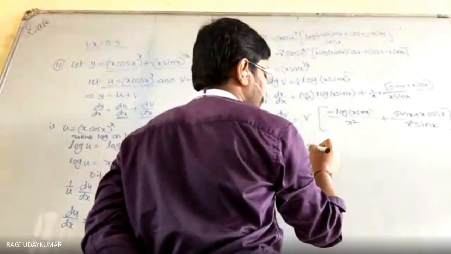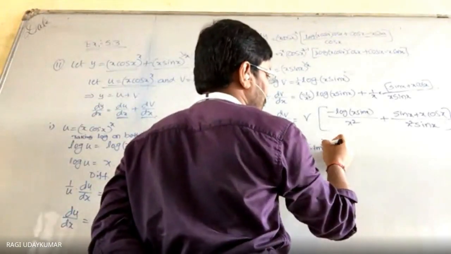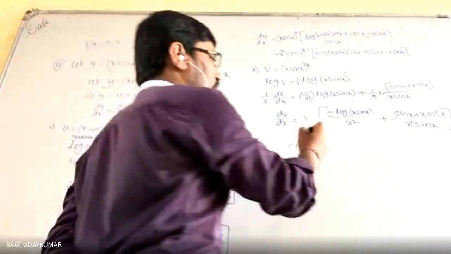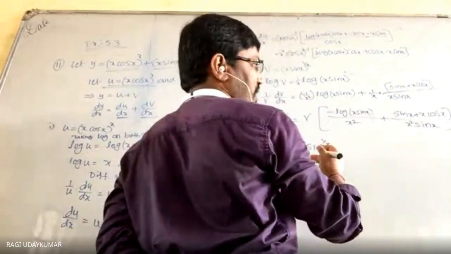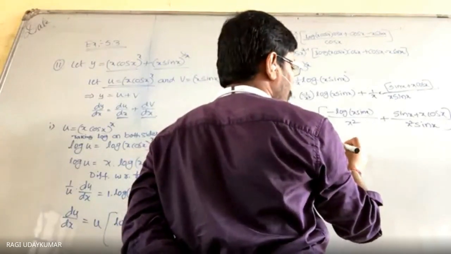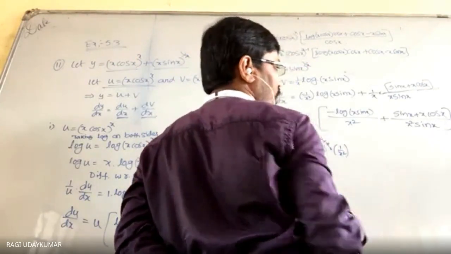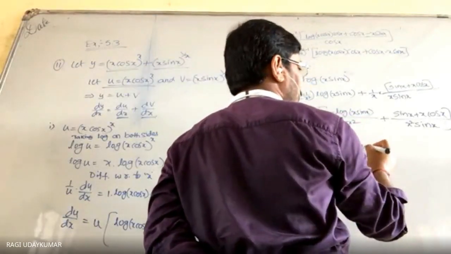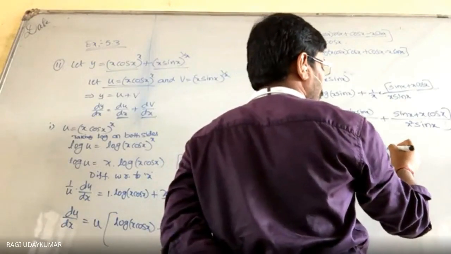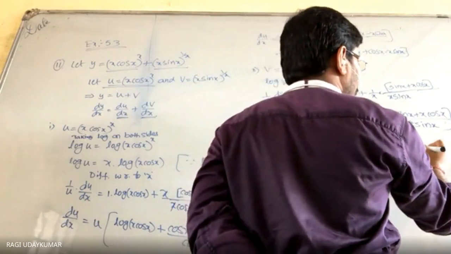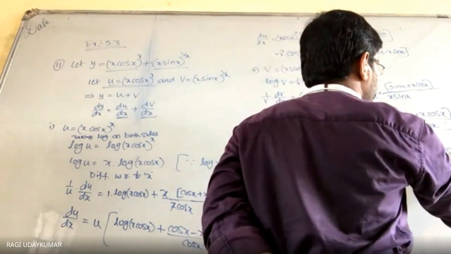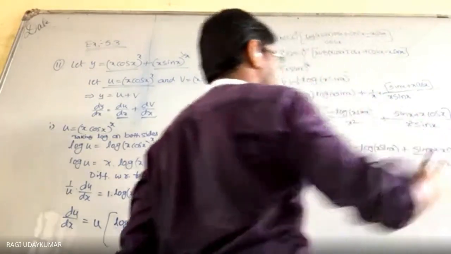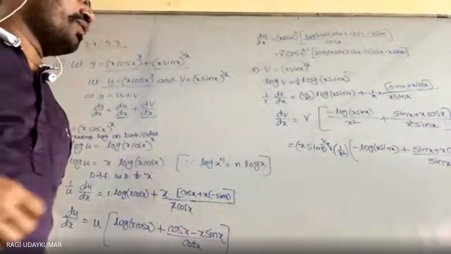V is equal to (x sin x) whole to the power of 1 by x. And 1 by x square you can take outside. So into 1 by x square, if you want, you can take it outside. And here you are going to get minus log of x sin x plus (sin x plus x cos x) by sin x. If you want simplification, then you can do it.